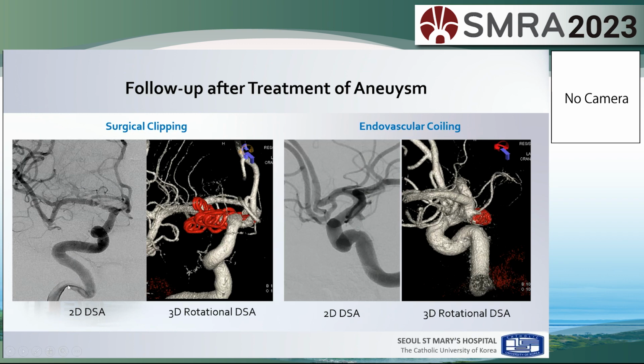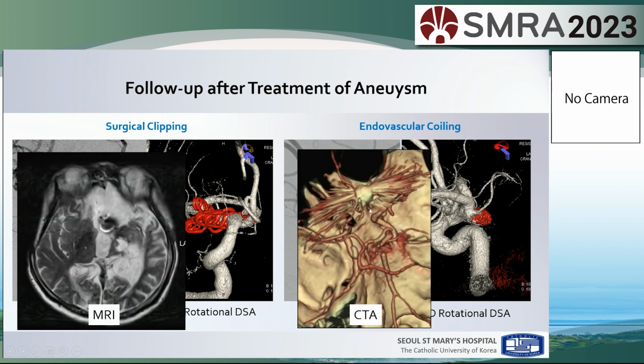For follow-up after aneurysm treatment, traditionally it has been with surgical clipping and endovascular coiling. But the aneurysm coil makes a very bad susceptibility artifact, and the coil gives very bad metallic artifact on CT angiography.